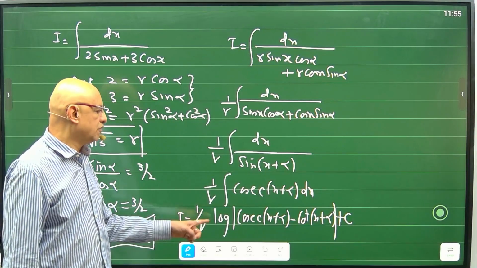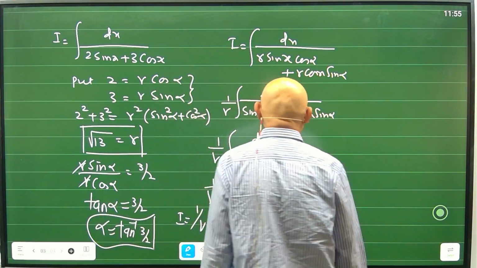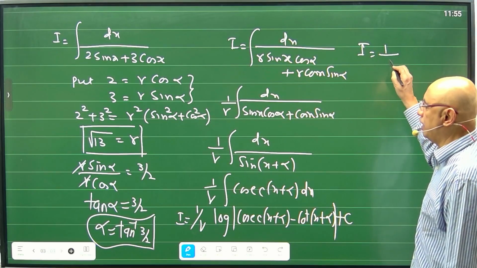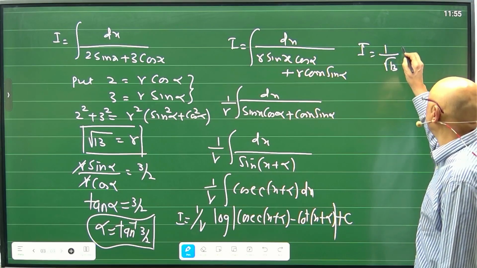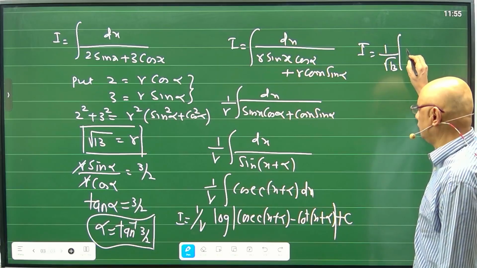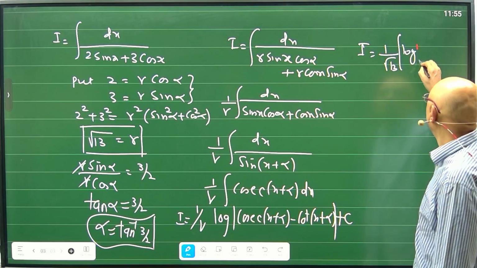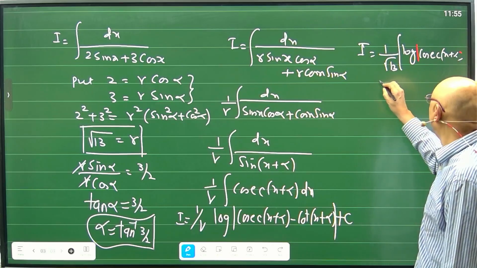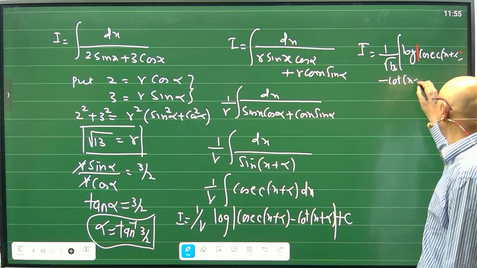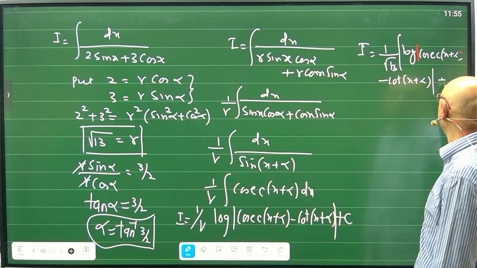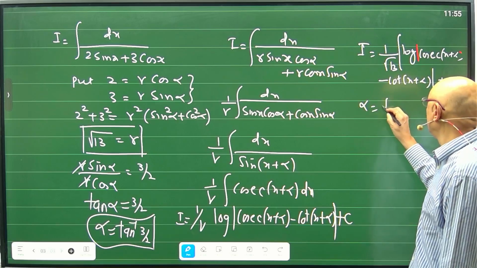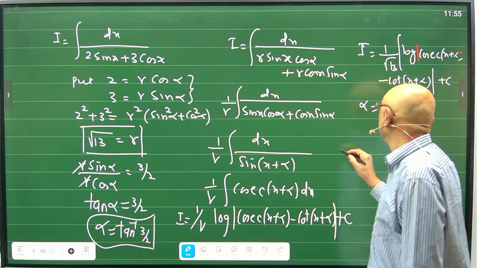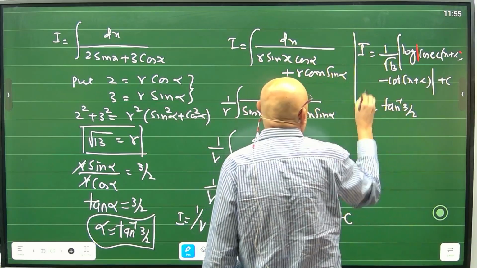Now you have got r as well as alpha. Your final step will be I equals 1 by root 13 outside, log of cosec of x plus alpha minus cot of x plus alpha, plus c, where alpha is equal to tan inverse of 3 by 2. This is how I get my final answer.